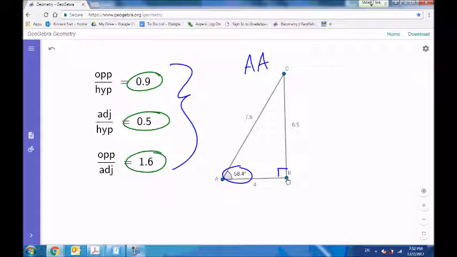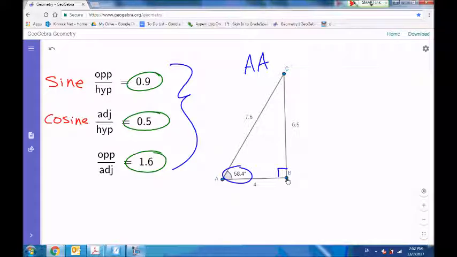The opposite leg divided by the hypotenuse is called the sine ratio. The length of the adjacent leg divided by the hypotenuse has the name cosine.